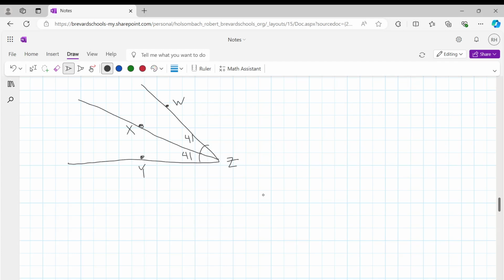And if ZX is an angle bisector, then X to Y is the same distance as X to W. You're told that X to W is 7, and you're asked to find X to Y. So in this case, how far is it from X to Y? 7. Good. That's a point on an angle bisector. So if a point is on an angle bisector, then it is equidistant from the sides of the angle.